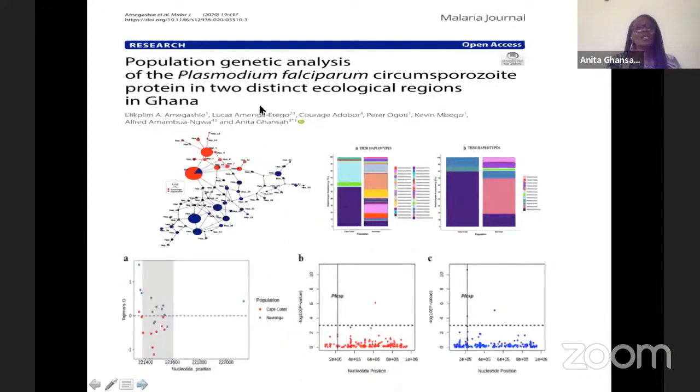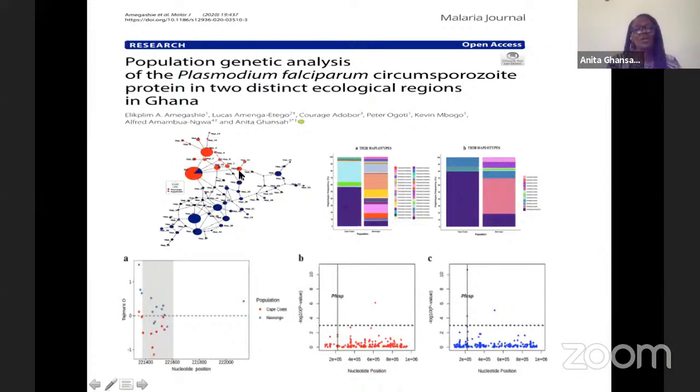And we are interested in the genetic diversity of the vaccine antigen. This red and blue circle I'm showing here is the vaccine strain, the current malaria vaccine, which is made from the circumsporozoite protein. This is the vaccine strain.